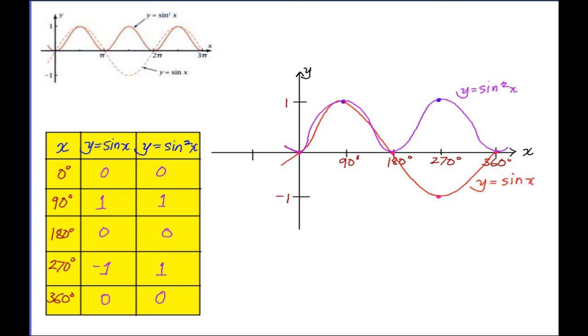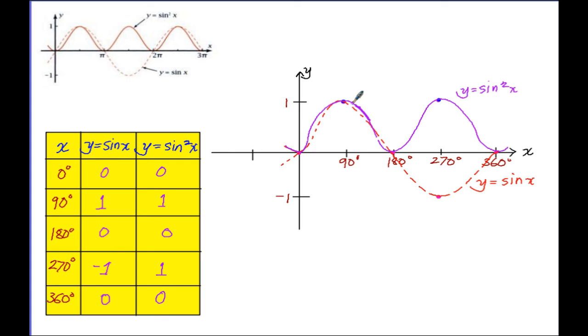To give emphasis to y is equal to sine squared of x, you could just make the sine x a broken line and see what happens. What is left is the sketch of y is equal to sine squared of x as a solid line.